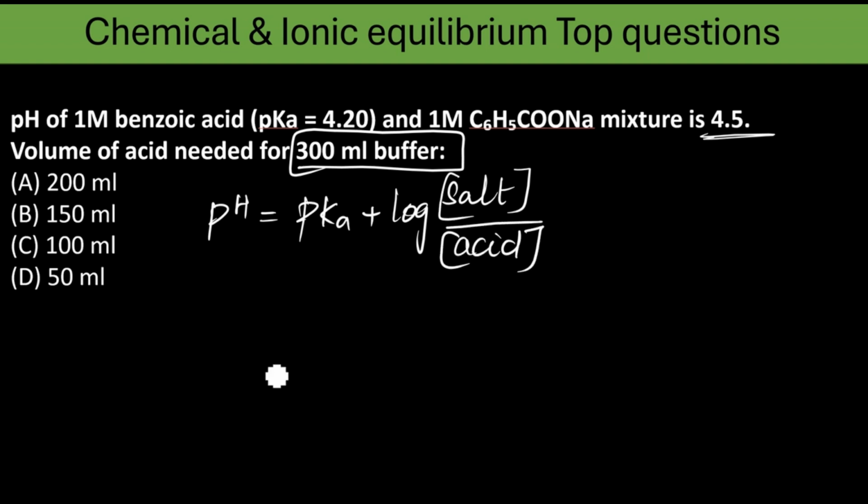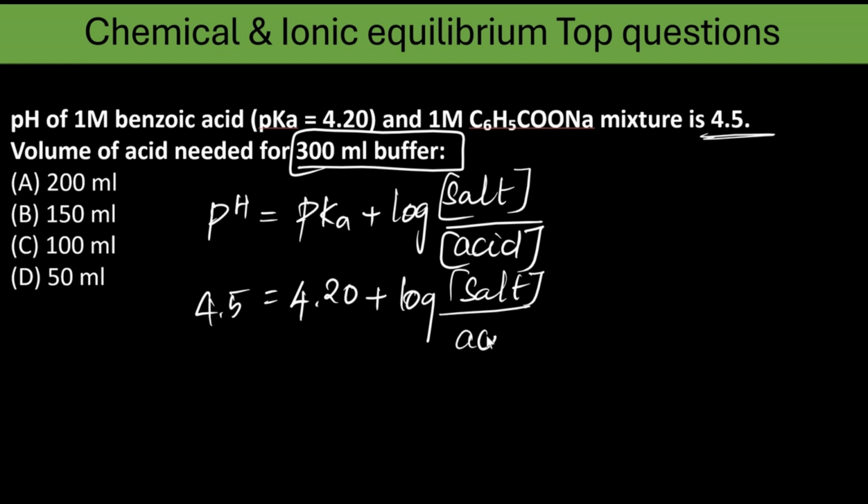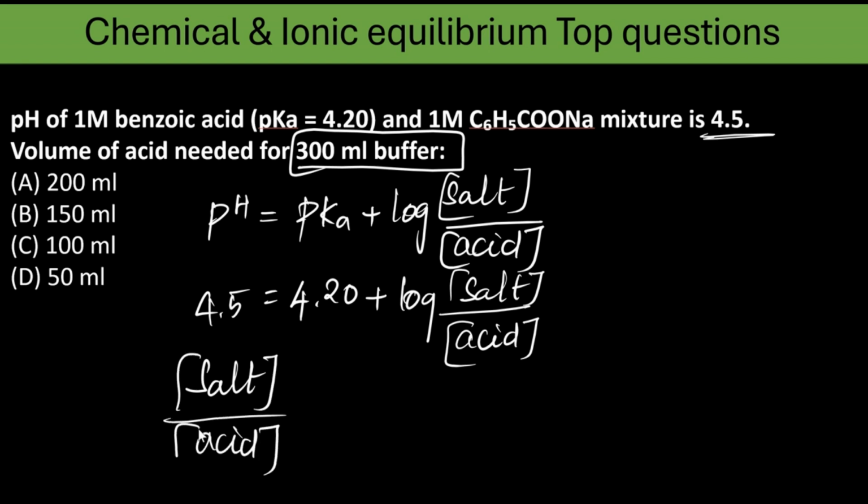So pH 4.5, pKa 4.20 plus log of salt by acid. Upon solving, this goes to the other side, then 0.3. Taking antilog, salt by acid concentration will be 10 to the power 0.3, which is approximately 2.